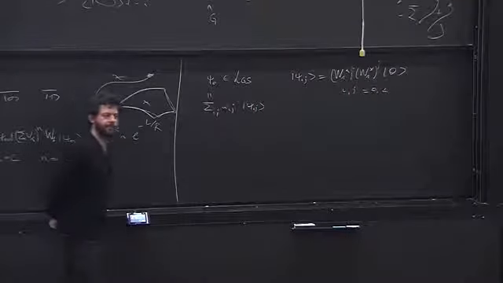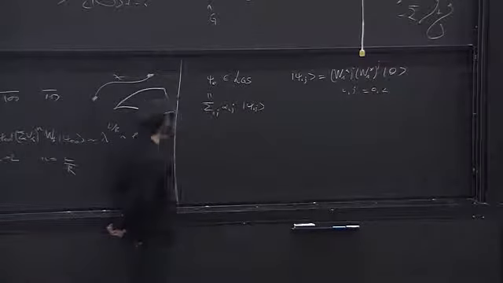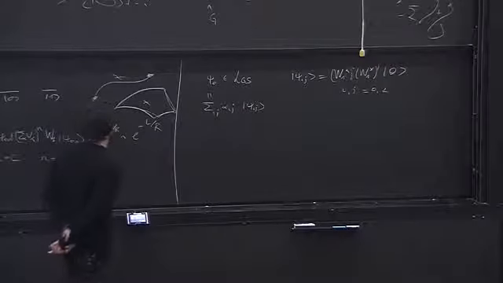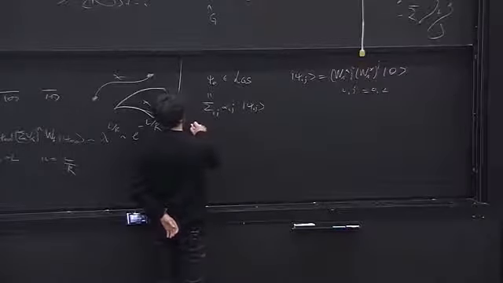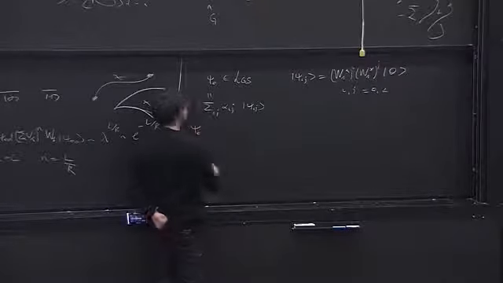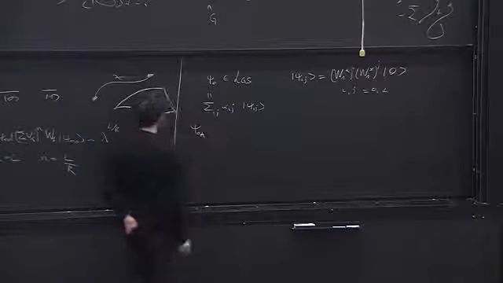Okay? So that in this way I can label all 4 of them. And we want to consider the reduced density matrix of this state to some region A.